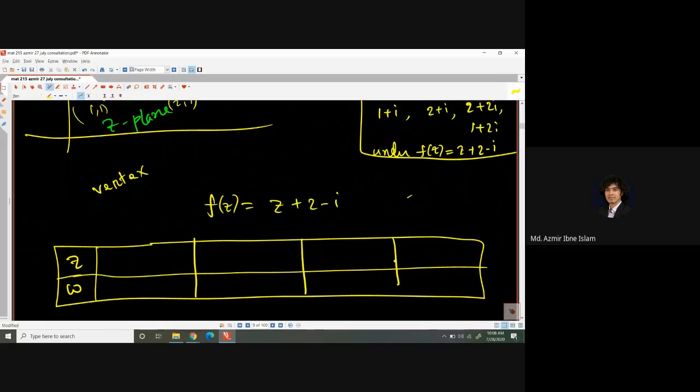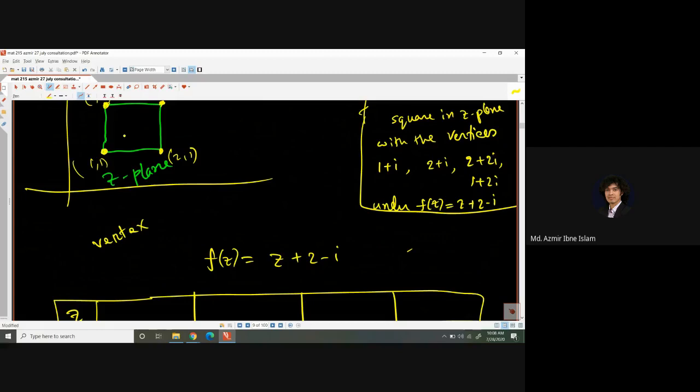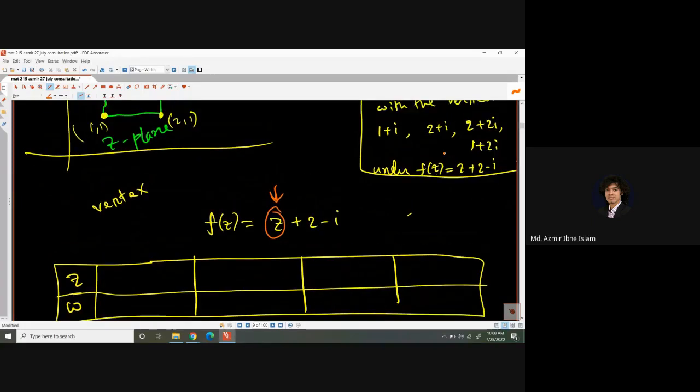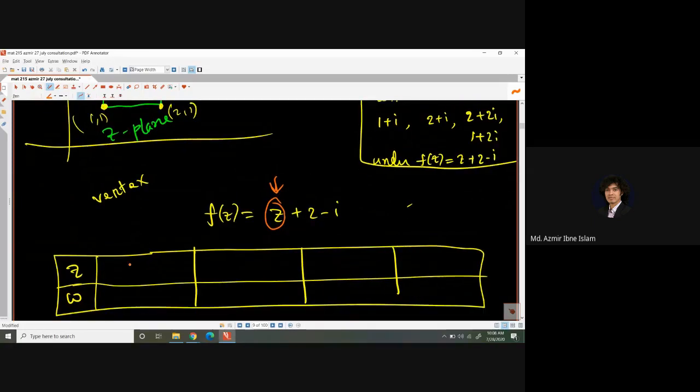So let's start with the first point, 1 plus i. At first look at this part, it is z. Inside this we will input 1 plus i, then 2 plus i, then 2 plus 2i, then 1 plus 2i. If we input 1 plus i, here we have plus 2i.